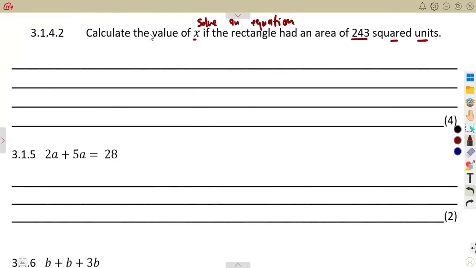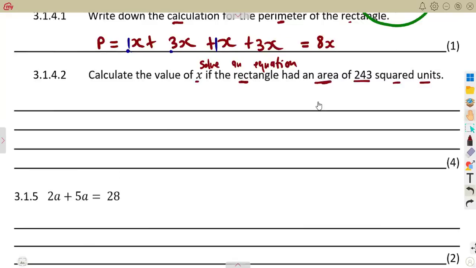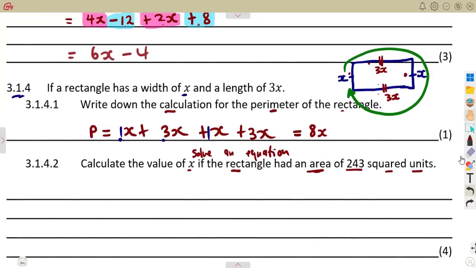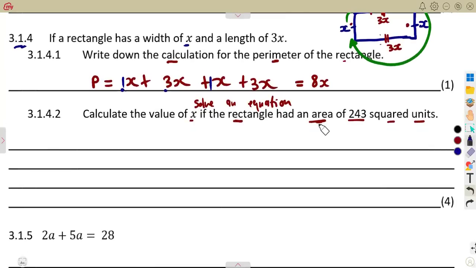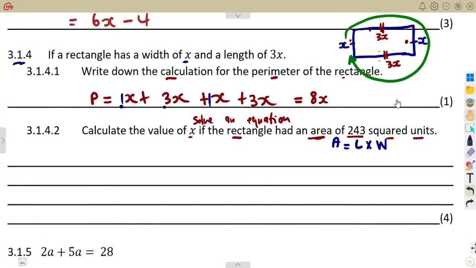So you're supposed to form an equation because they told you that the area is 243, the area of a rectangle. Given a rectangle, how do you calculate the area? Okay? Given a rectangle, we do understand that the area of a rectangle is given by length times the width. If you multiply the length and the width, you obtain the area.